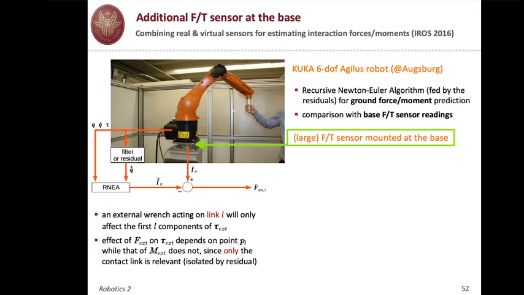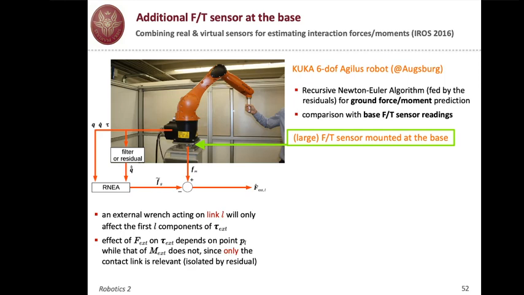And you use some obvious information, namely that if you have an external wrench that acts on link L, then this will only affect the first L components of the joint torques due to the external force.